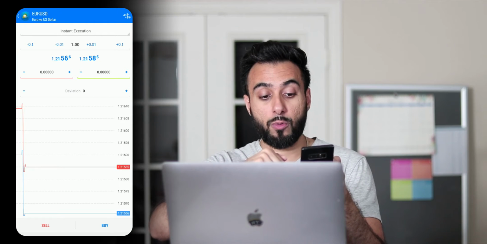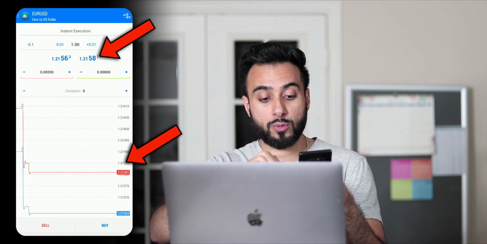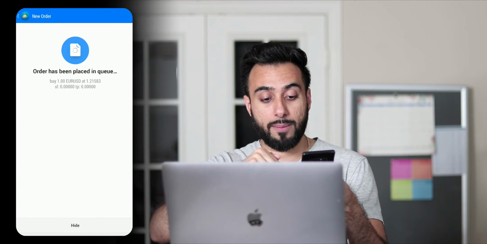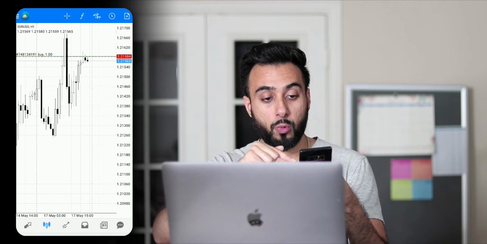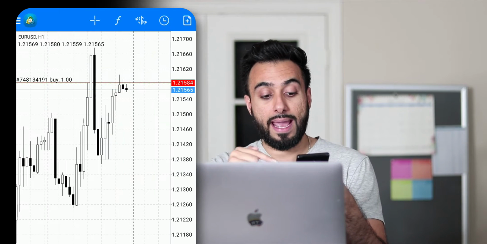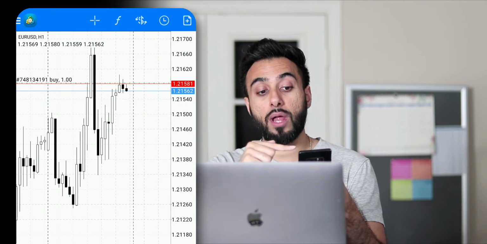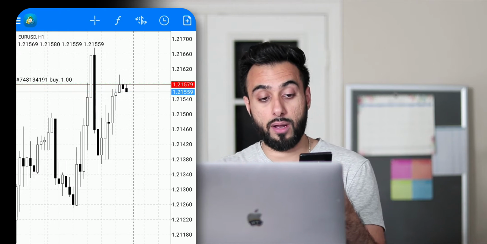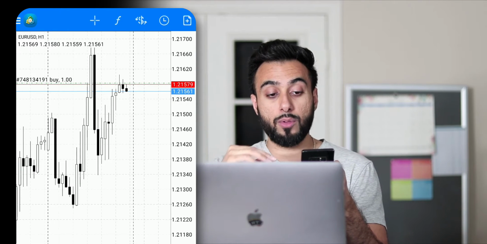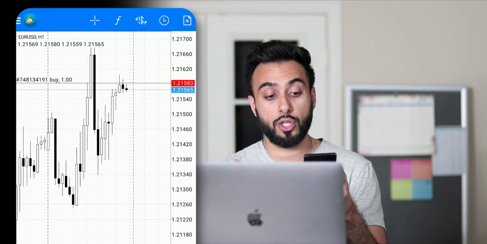It's going to enter me at that red line where it says 1.2158.3. I'm going to hit buy, and it's going to input me right there at that red line. And it's going to stay in the negative until that blue line creeps all the way up to the point where I actually bought it. And these two lines, the red line and the blue line, they always move in tandem. They always move together. They always move in unison.